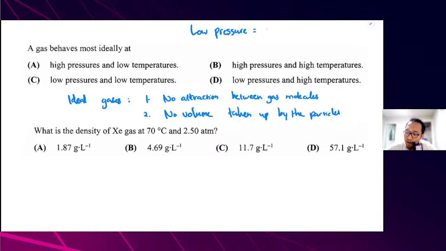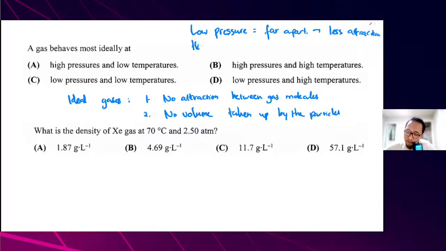And the impact is less attraction, because the distance is now far apart.